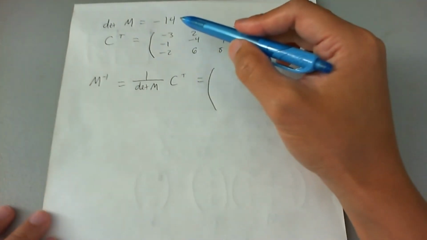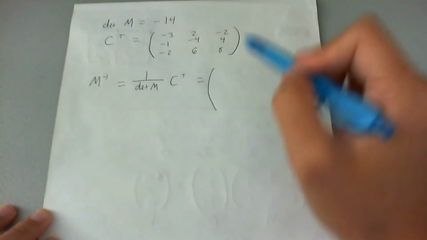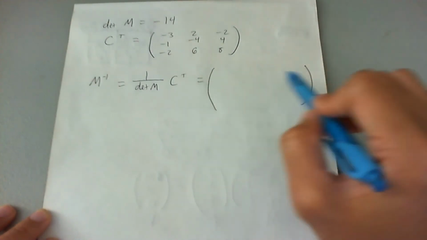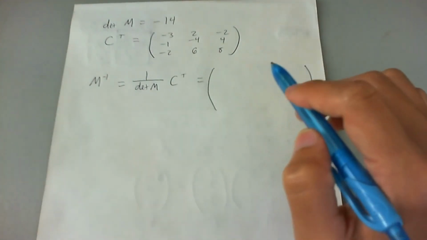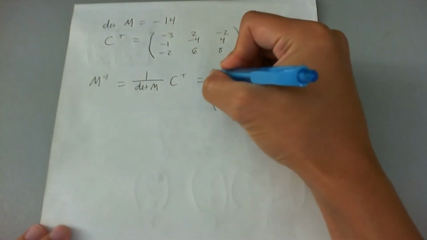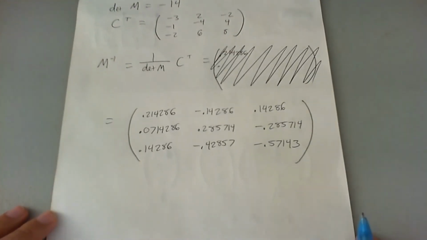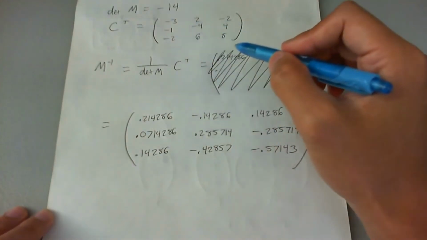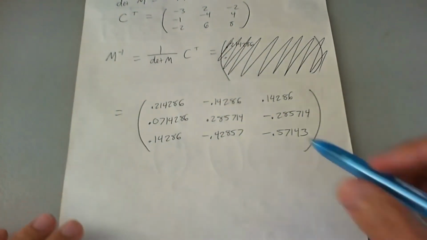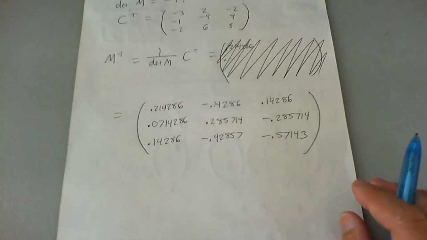So that's going to be 1 divided by negative 14 multiplied by each of these 9 elements, and I'm going to put it all in as elements of this inverse matrix of M. I already went ahead and calculated it, so I'm just going to write it down for you and move on from there. Here are the values I got by taking each of these elements and dividing by negative 14. It's going to be kind of a weird number, so it's not going to look comfortable.